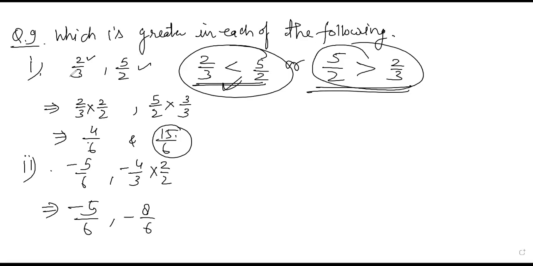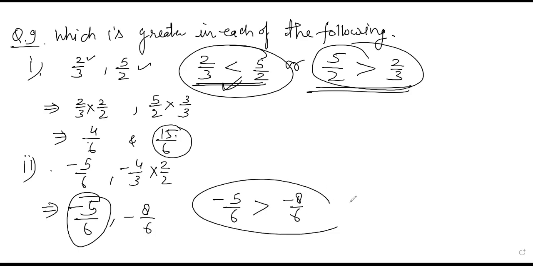If they are prime numbers, then you cross multiply. If easily we get the denominators the same, no need to multiply, because it is time taking. So clearly -5/6 is greater than -8/6, right?